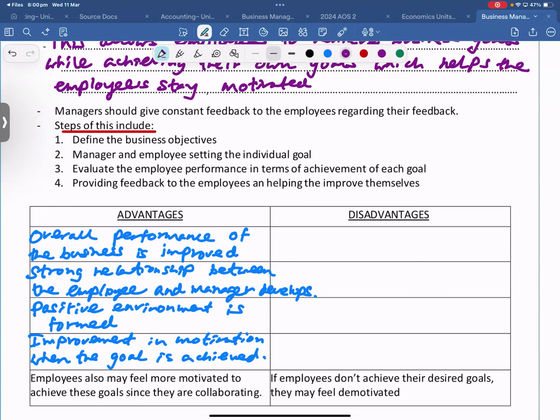Then the disadvantages. Employees taking harmful acts, harmful shortcuts to achieve goals.